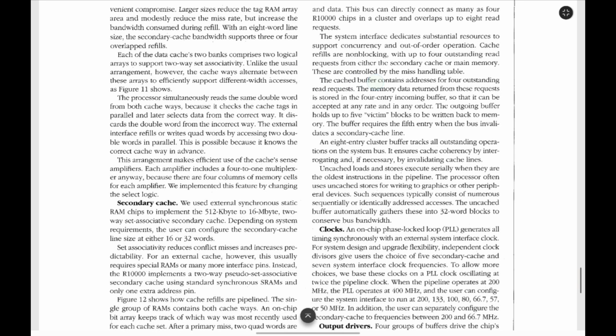The cache buffer contains addresses for four outstanding read requests. The memory data returned from these requests is stored in the 4-entry incoming buffer so that it can be accepted at any rate and in any order. The outgoing buffer holds up to 5 victim blocks to be written back to the memory.